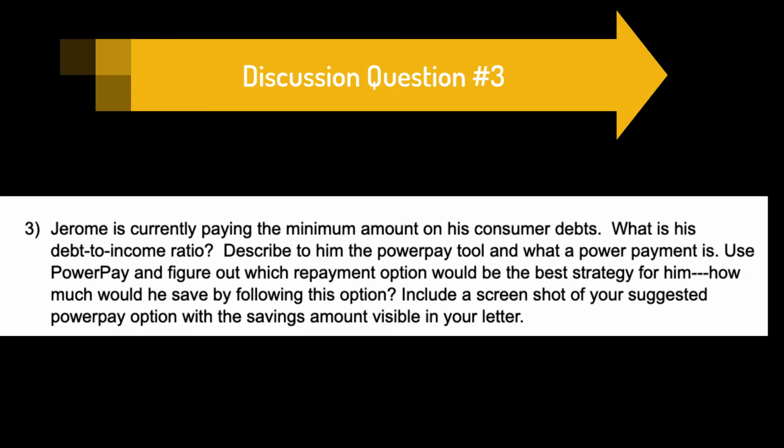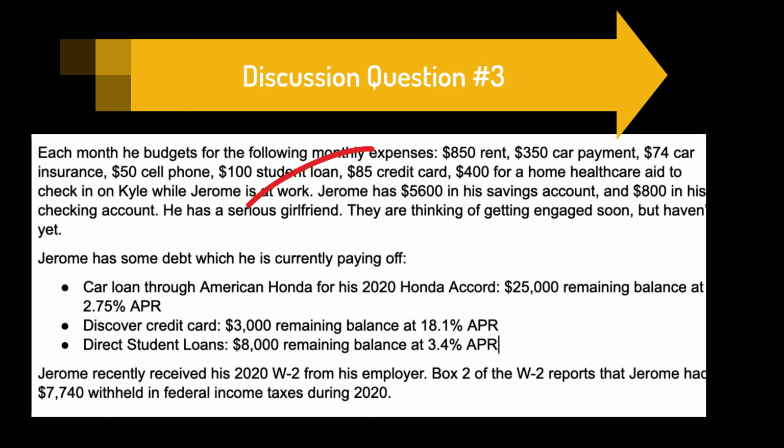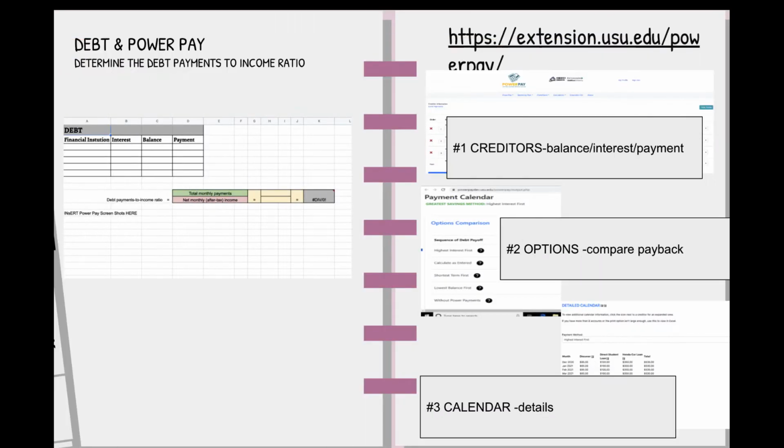Moving right along to discussion question number 3. Here's where you'll determine Jerome's debt and his debt to income ratio. How will you do that? Run back into the case study and pull out the information relevant to complete his debt, the ratio, and a complete PowerPay assessment, which should include the PFP debt and also 3 screenshots from PowerPay.